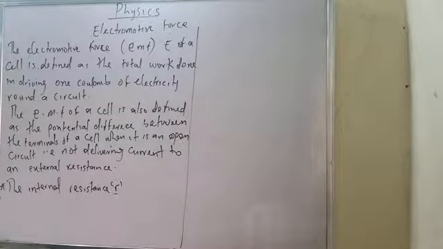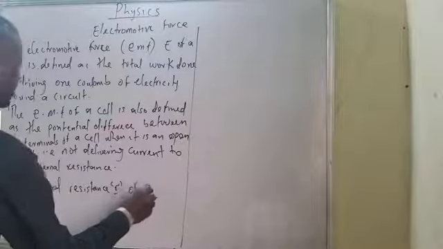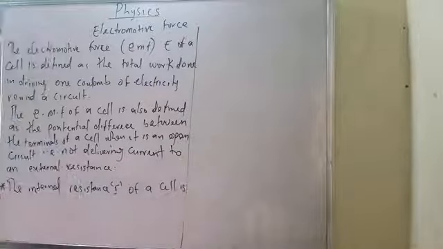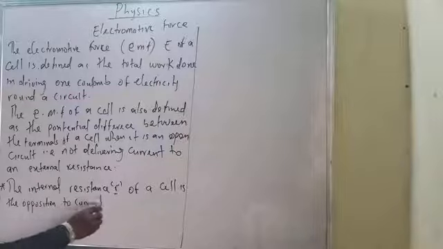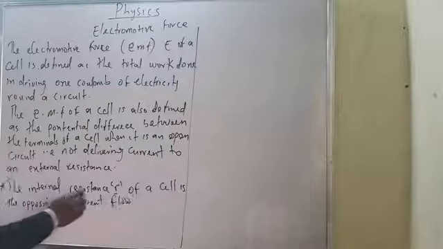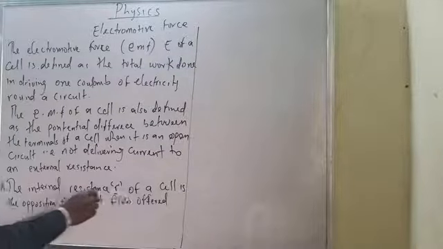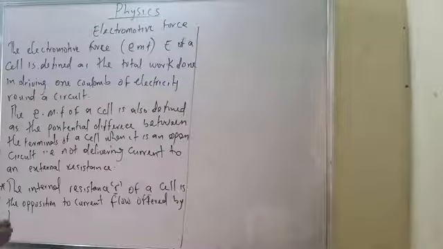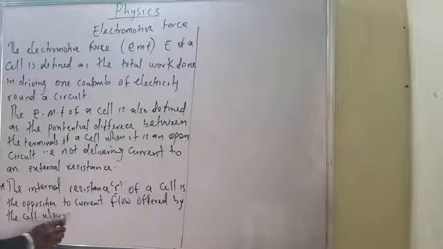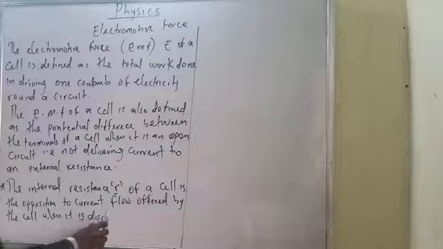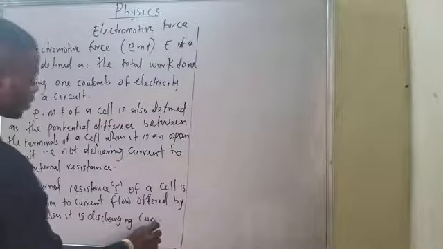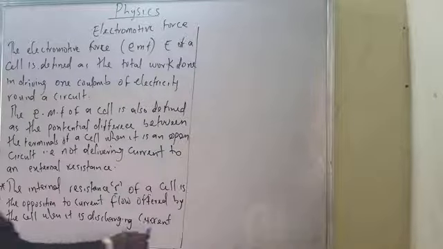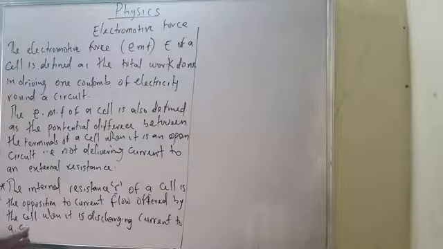Now, the internal resistance of a cell is the opposition to the current flow when it is discharging, that is, when the cell is discharging current to a circuit.